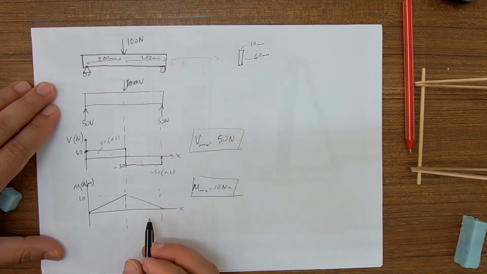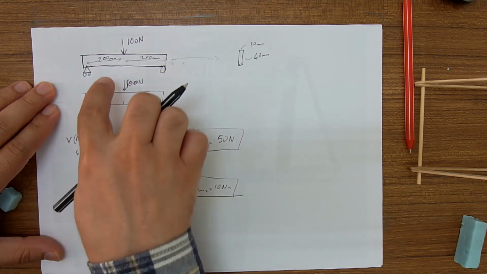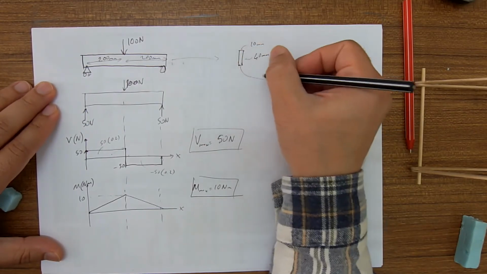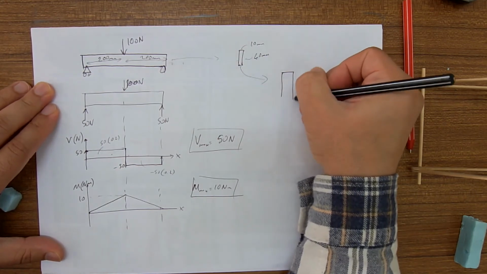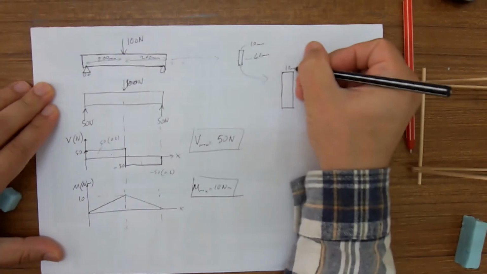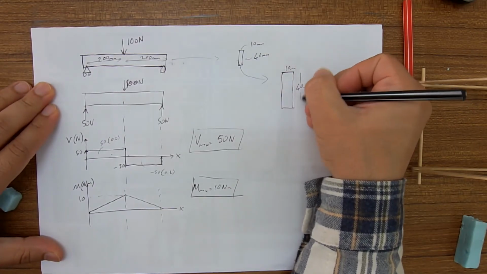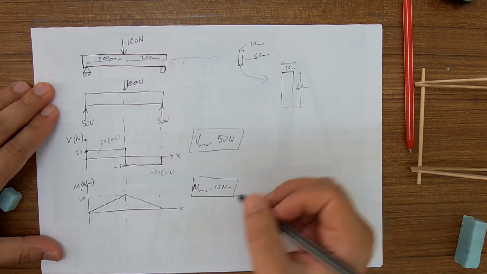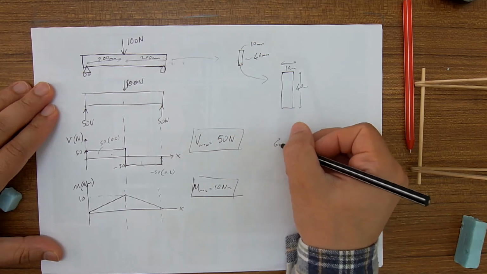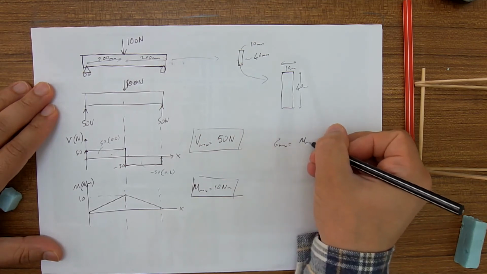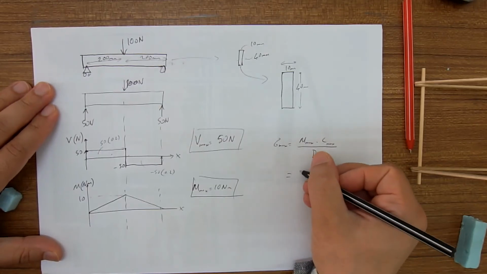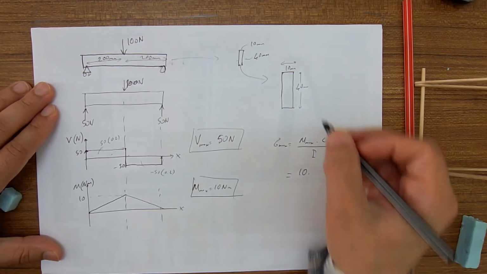Let's determine the maximum bending stress and maximum shear stress on the beam like this. I just enlarge this cross section so you can see it. 10 millimeters, 40 millimeters height. Okay. So for the maximum bending stress, M max times C max over I, 10 times, what is C max?